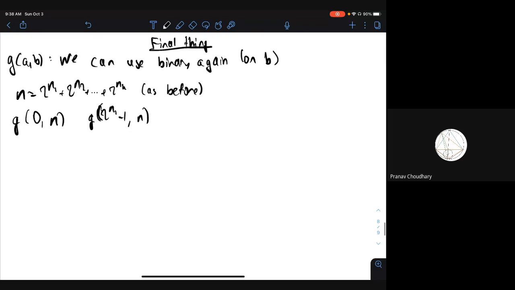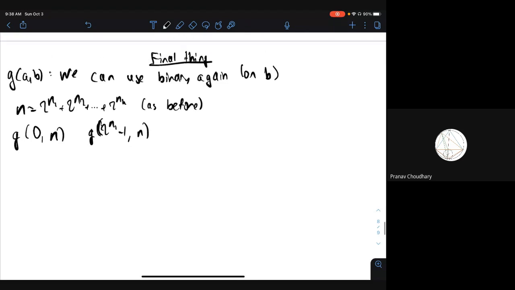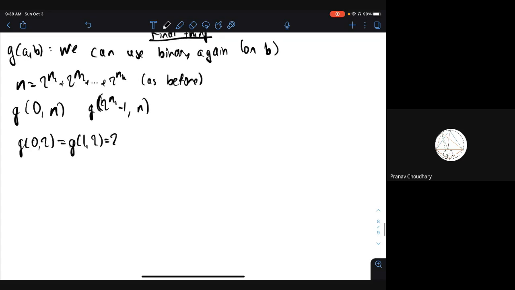So first, start with g of 0, 2 is equal to g of 1, 2 is equal to 2. And the reason for this is that if we start with x minus 1, we can go from x minus 1 to x times x minus 1 times x plus 1, sorry, my bad.